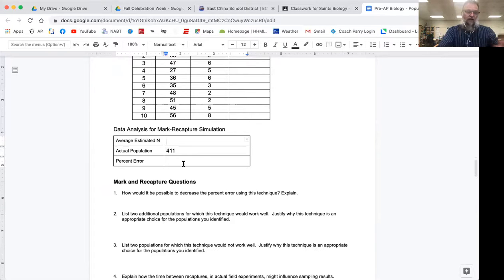What we saw in class is a lot of groups were all over the place. Some groups were less than 20%. Most of the groups were somewhere between 20 and 50% error, and some groups were over 50% error. We talked about why you would have this wide range of error if this is supposed to be a good sampling technique. It all has to do with sampling.